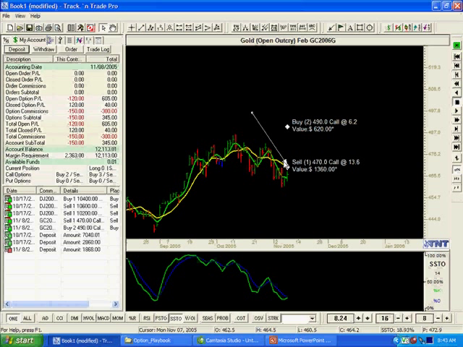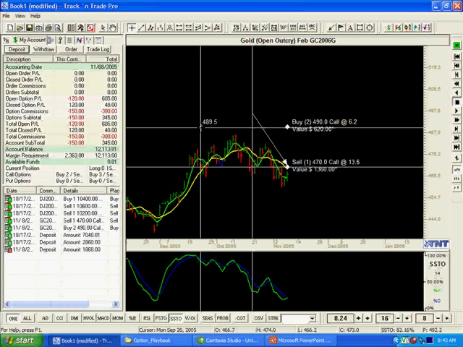So, in other words, you have several different levels of break even. Let's take it from the bottom and work our way higher. If the market is at 470 or below, this trade will be profitable by $120. If the market is between 470 and 490, this is where your real risk zone is.